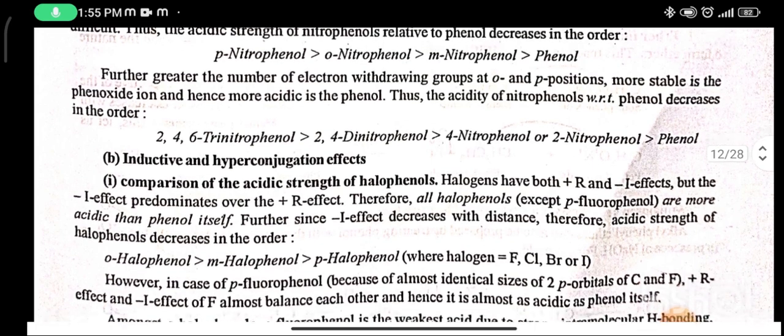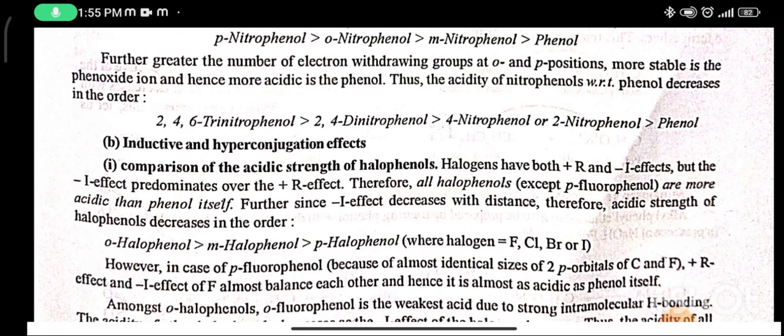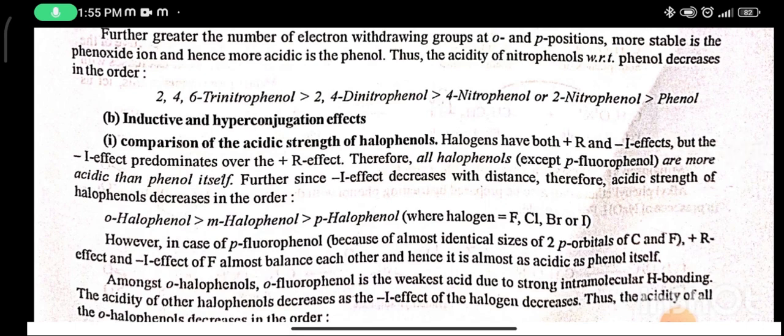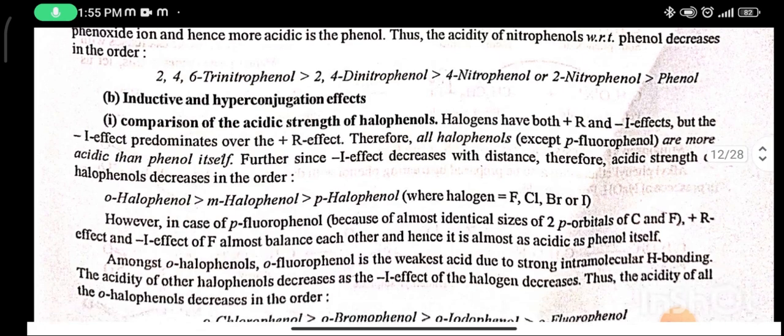Further, the greater the number of electron withdrawing groups at ortho and para positions, the more stable is the phenoxide ion and hence the more acidic is the phenol. Thus, the acidity decreases in the order 2,4,6-trinitrophenol greater than 2,4-dinitrophenol greater than 4-nitrophenol or 2-nitrophenol, greater than phenol.